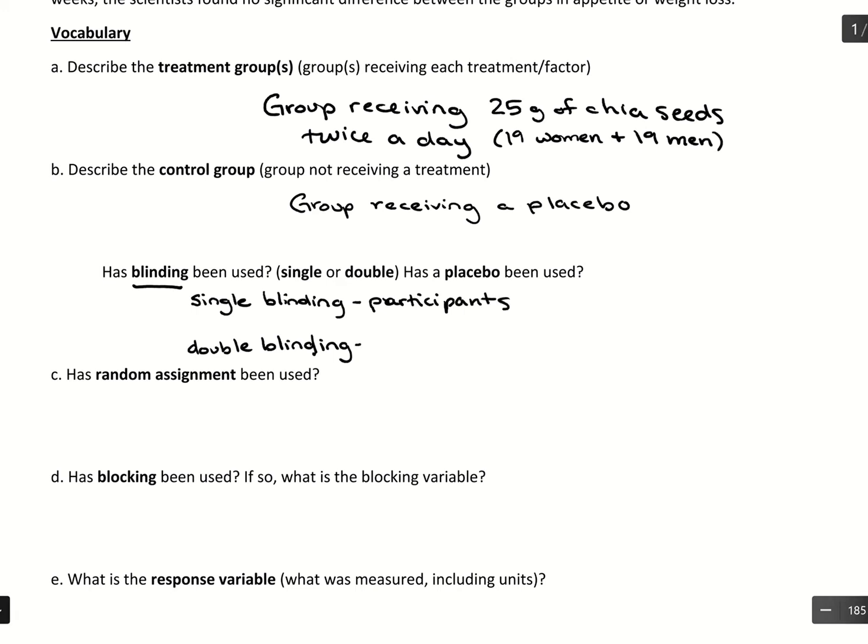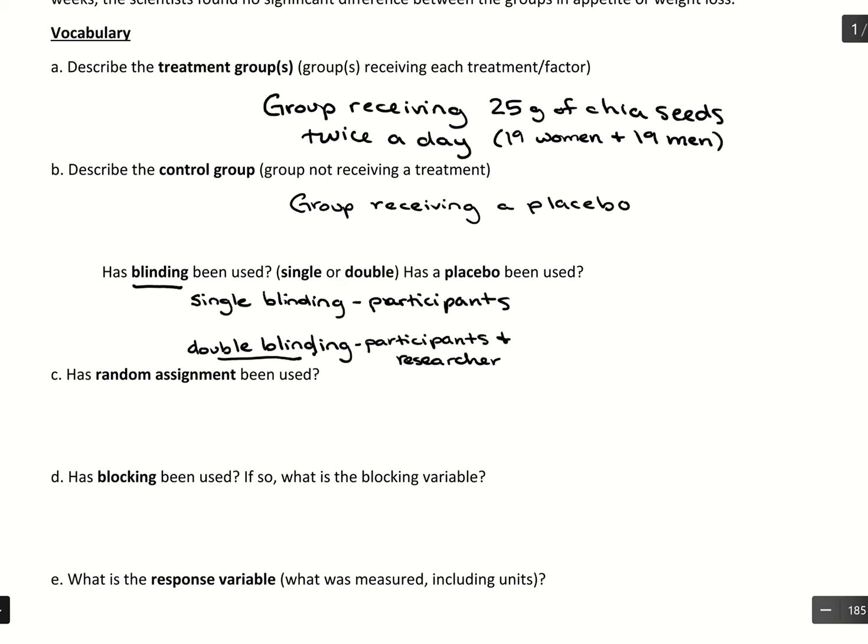In double blinding, participants and researchers don't know which group they're in. Ideally, we would like to be using double blinding because this eliminates a lot of bias that can come through. Really, if you're giving a placebo, you should have at least single blinding occurring.